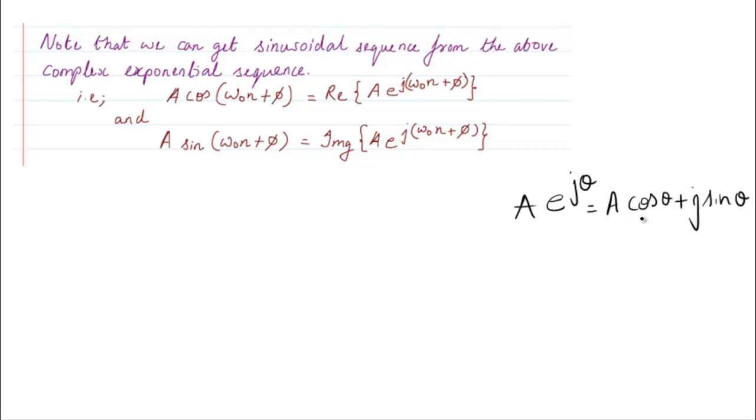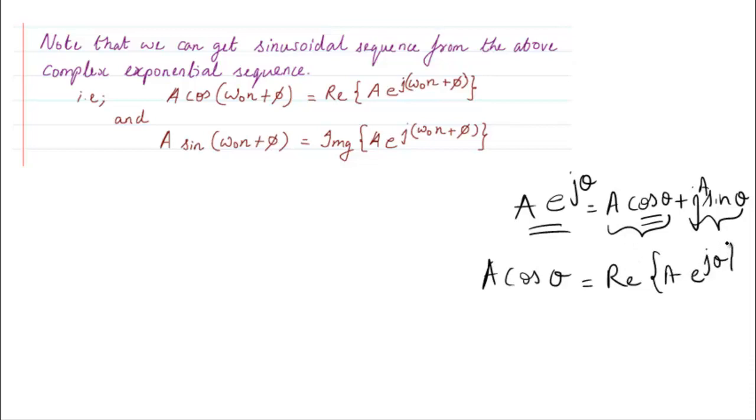So if somebody asks how you write a cos theta, you can say this is the real part and this is the imaginary part. So a cos theta can be written as the real part of a e raised to power j theta, and similarly sine, and that is what is written here.